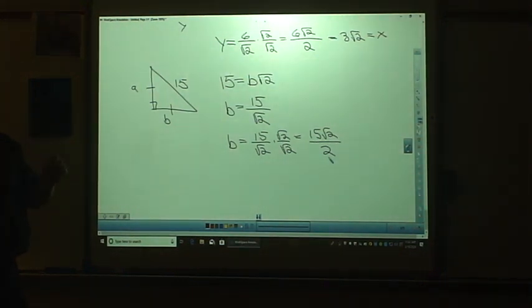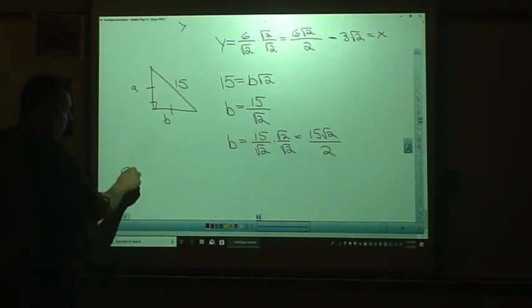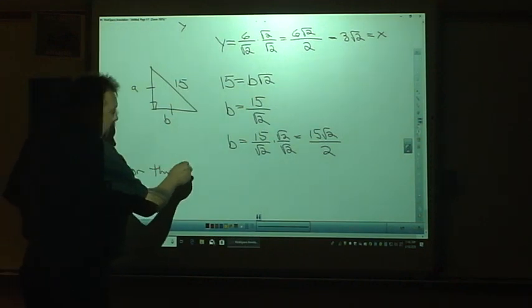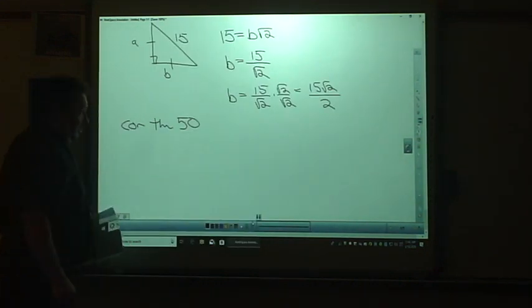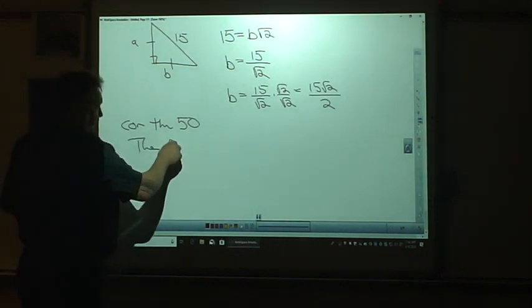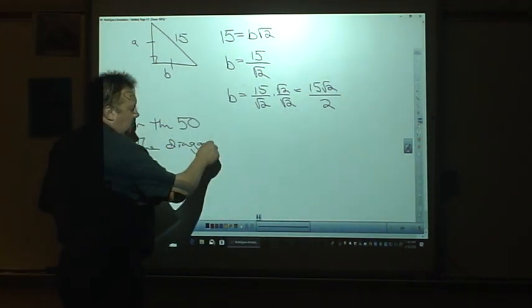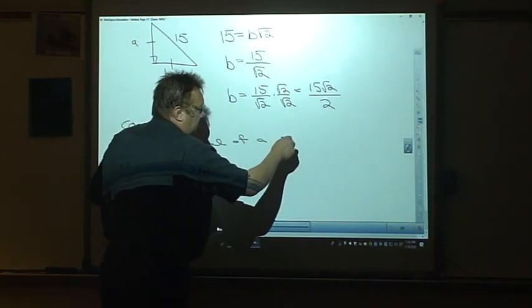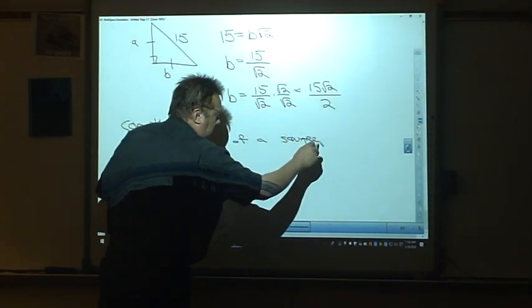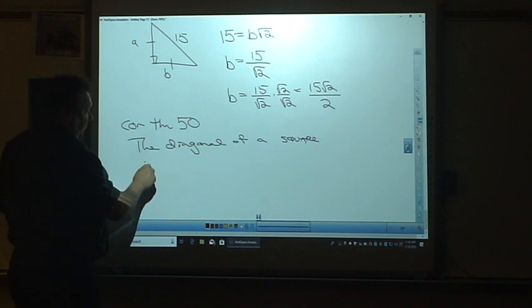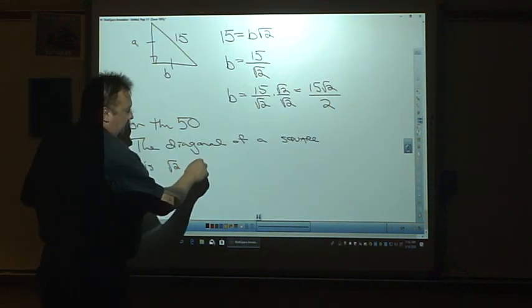45, 45, 90 triangle, or isosceles triangle. The corollary to this simply says the diagonal of a square is the square root of 2 times a side.